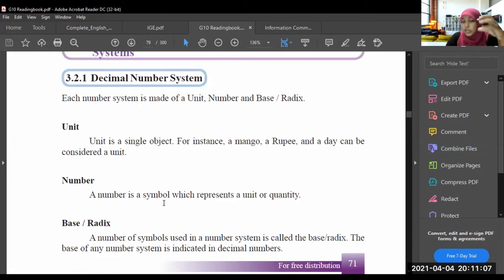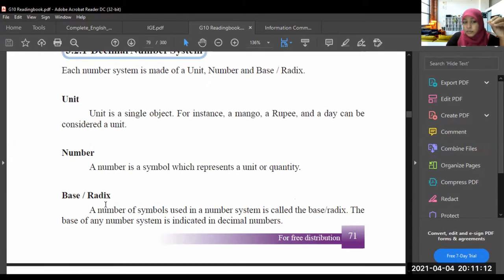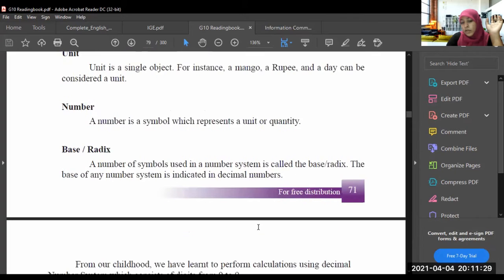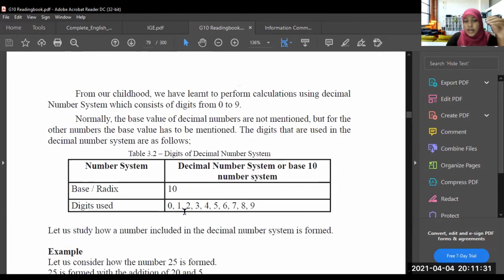If it is a quantity, we use the number, right? Base or radix means the number of symbols used in a number system. The base of any number system is indicated in decimal numbers. Right? So as explained here, now I am talking about the decimal number system.